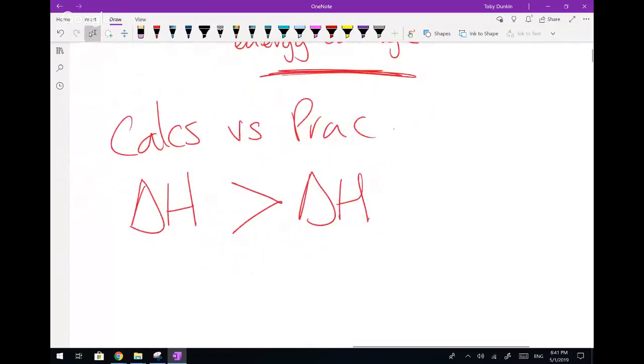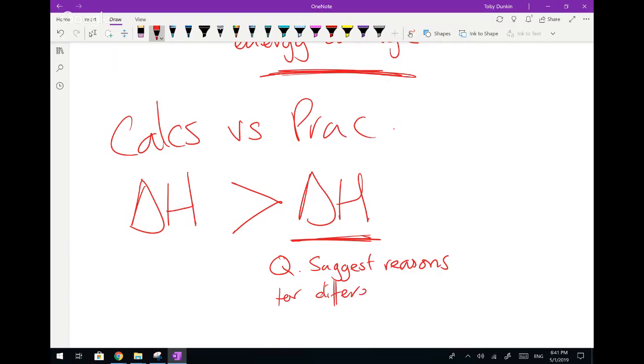So it's nice to see that we all recognize this, and of course, all of you who've been practicing your past papers will be seeing on a regular basis that they're going to ask you to suggest reasons for discrepancy, suggest reasons for difference in values.